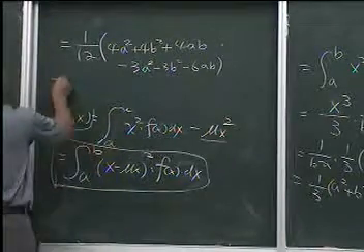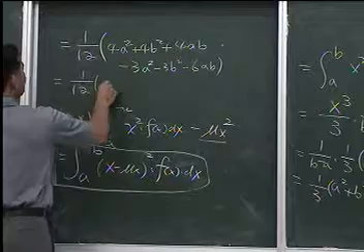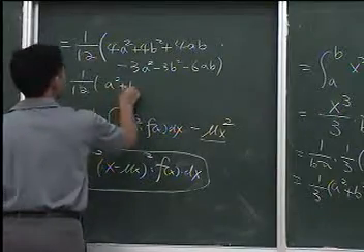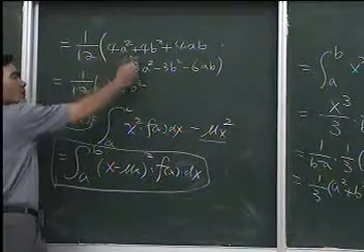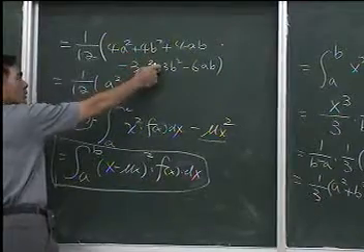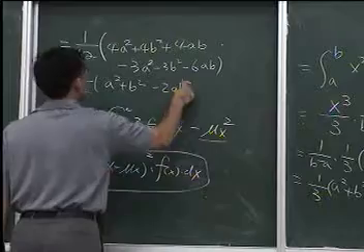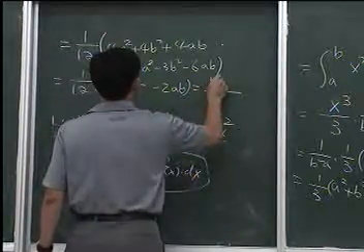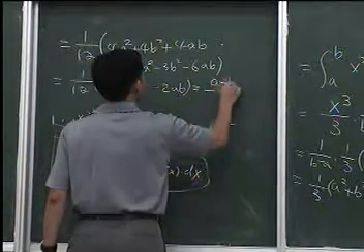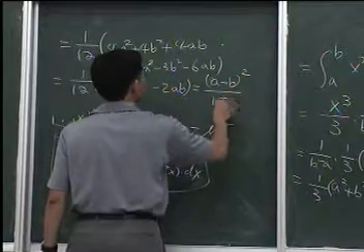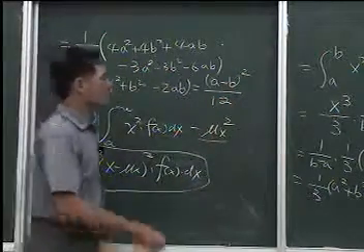So then what do you get? You get 1 over 12 a squared plus b squared, okay? 4 minus 3, you get 1. 4 minus 3, you get 1. 4 minus 6, you get negative 2. Right? So what do you get? You get a minus b squared divided by 12. And what is this? That is the variance.